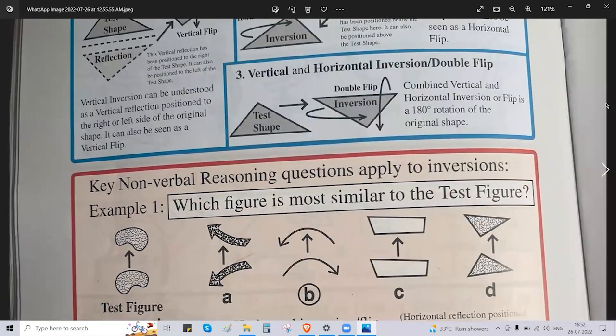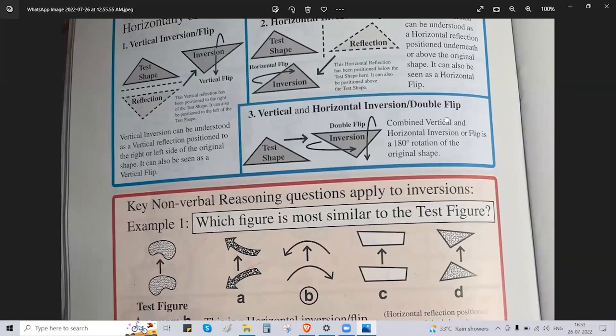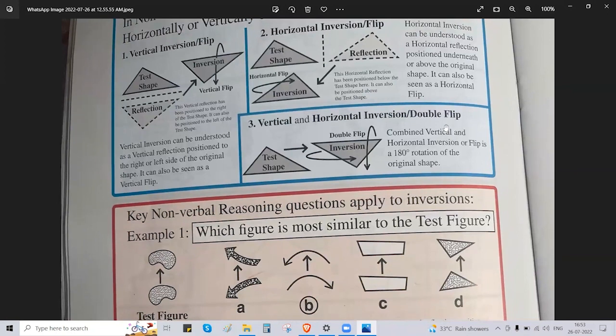So here we have the first example for inversion. Please read it for me. It says example one, which figure is most similar to the test figure? What do you understand by reading the question? I understand that we'll have to find the shape that's most similar to the test figure.